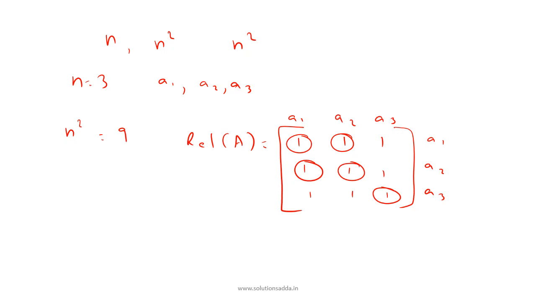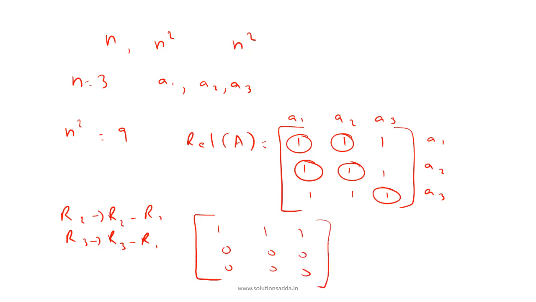Now let's calculate the rank. We can rewrite the equation as R2 becomes R2 minus R1 and R3 becomes R3 minus R1. So the relation can be rewritten as follows: 1, 1, 1, 0, 0, 0, 0, 0, 0.